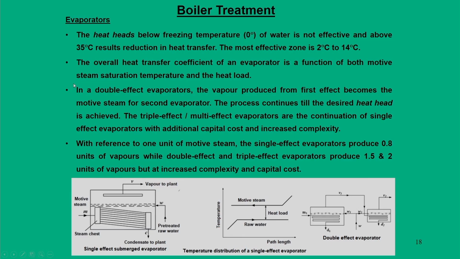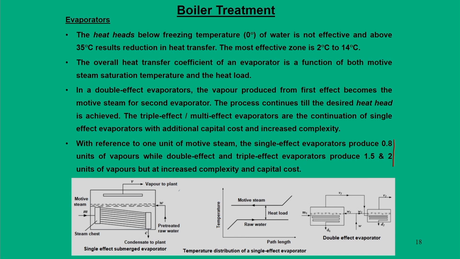One more important point I need to emphasize is that for 1 unit of motive steam, single effect evaporators produce 0.8 units of vapor, while double effect and triple effect evaporators produce 1.5 and 2 units of vapor. But multiple effect evaporators add complexity and capital cost. So, although we get almost 2 times the vapor quantity in a triple effect evaporator, the capital cost and complexity of the system increase.